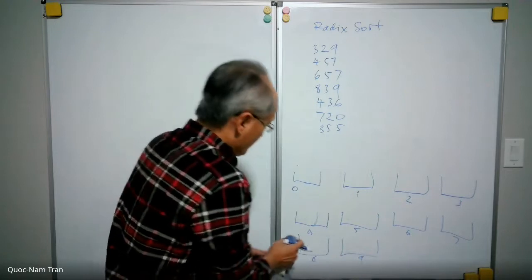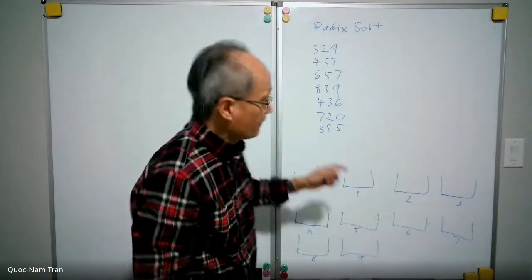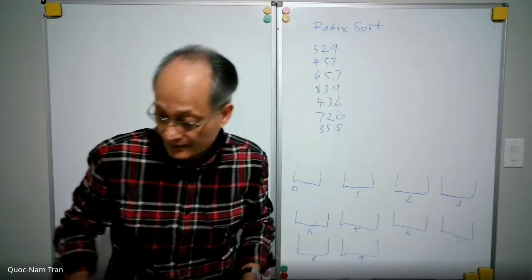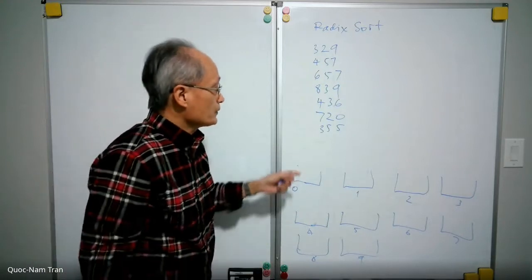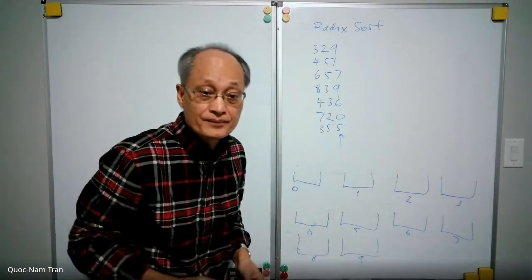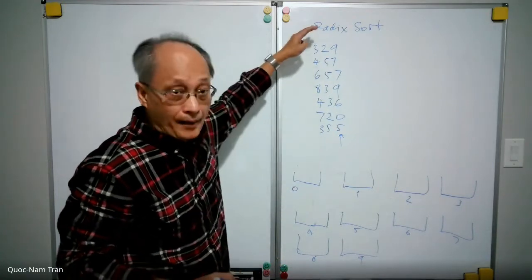Okay, so we have buckets for the different possibilities of the digits. We will start from the least significant digit here. So we will go from bottom up.